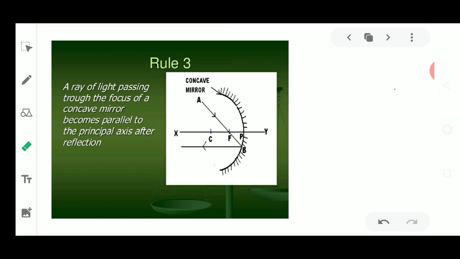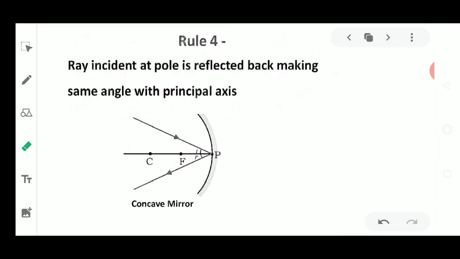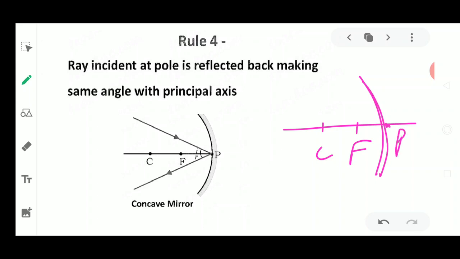Now next is rule number 4, which is again very easy: whenever a ray of light is incident at the pole. So this is the center of curvature, this is the focus, this is the pole. The pole is the center of this mirror, and the dotted lines placed at the back side of the mirror show you the opaque side of the mirror.